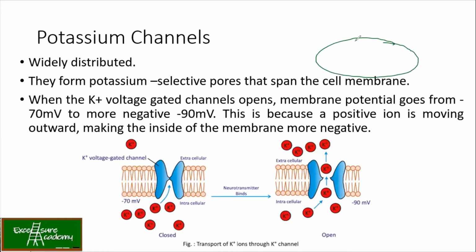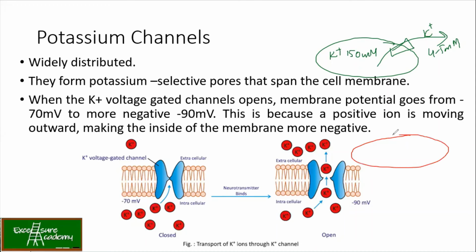So if this is your cell, the concentration of K plus inside is 150 millimolar, and outside the concentration of K plus is around 4 to 5 millimolar. So what is happening here? A gradient is formed. So whenever your K plus channel opens, what will happen? Obviously from inside it will go outside, right? Similarly, for Na plus, the concentration inside is around 20 millimolar and outside the concentration of Na plus is around 145 millimolar.